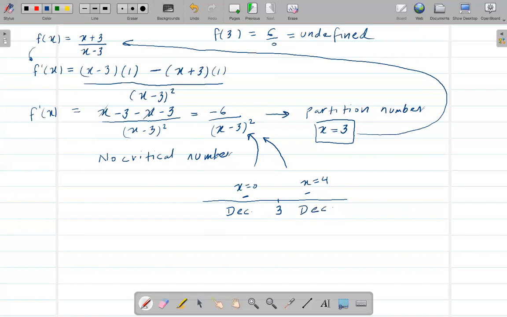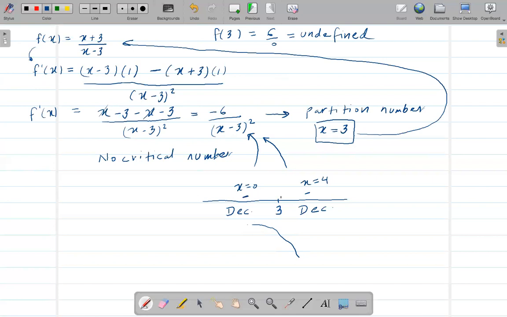So since this is decreasing, maybe it will be something like this, decreasing, something like this, right? If both of these are decreasing, then we cannot find local maxima or local minima, because the only time we can find a local maximum or minimum is if there is a sign change, right?